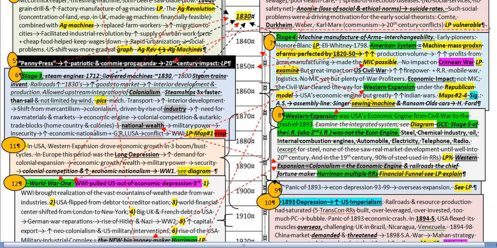All right. And we said colonial competition got heated, and that was a big factor in World War One. The quest for empire, expansion of empire, expansion of trade, expansion of commerce, right?